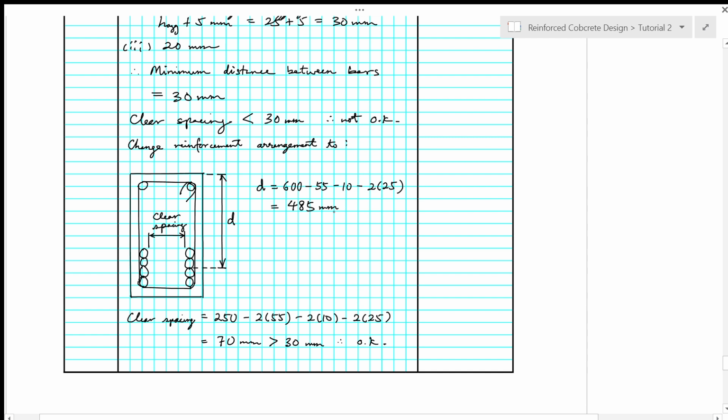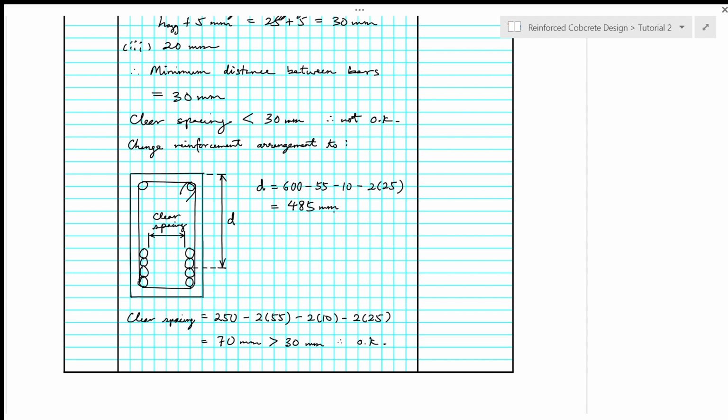So this is less than the 498 mm that we use in our bending design, and also 510 mm that we use in shear reinforcement design. So strictly speaking, you have to repeat the design calculations based on this new effective depth d of 485 mm for both bending and shear.